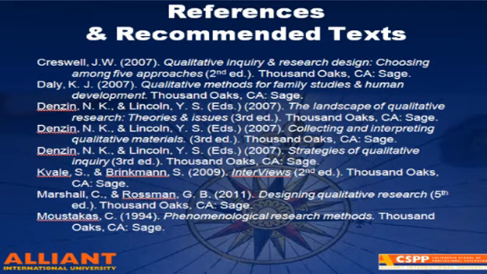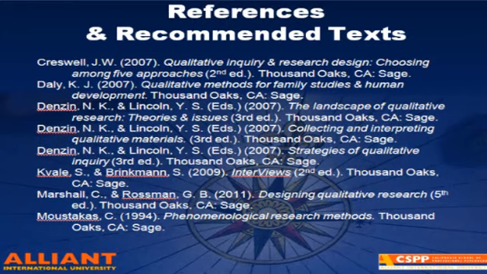The three Denzin and Lincoln texts. Norm Denzin is the man who's in charge of creating the International Congress of Qualitative Inquiry at the University of Illinois. He's a faculty member at the University of Illinois. So these three books are kind of key volumes that might be helpful.